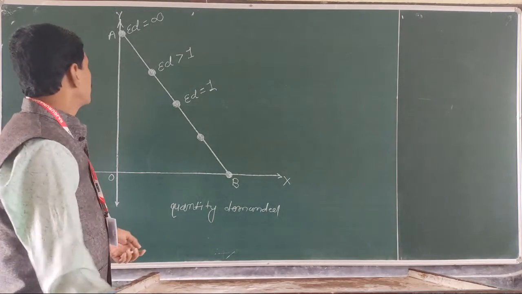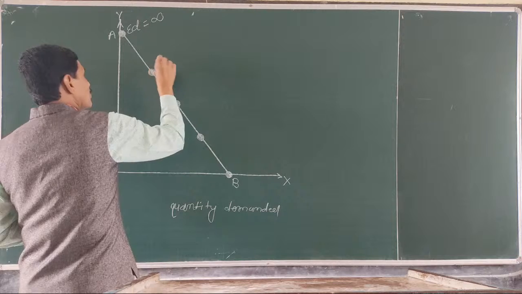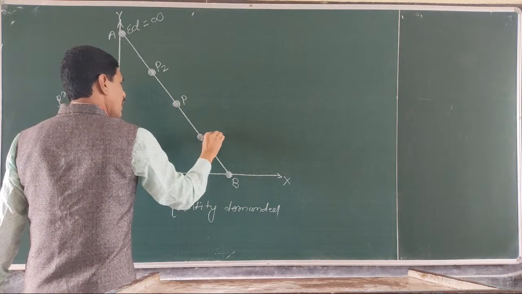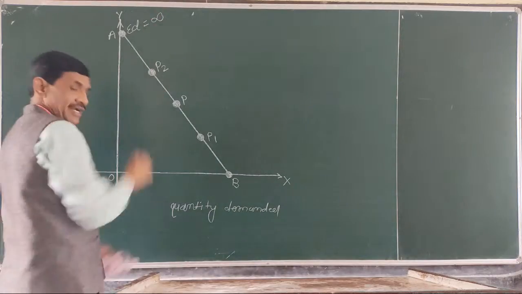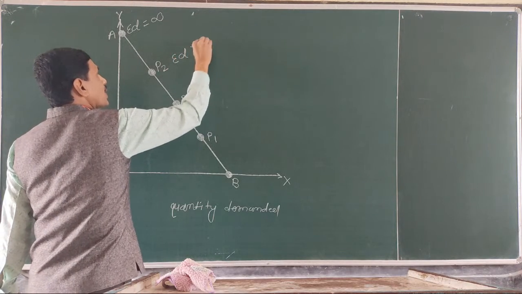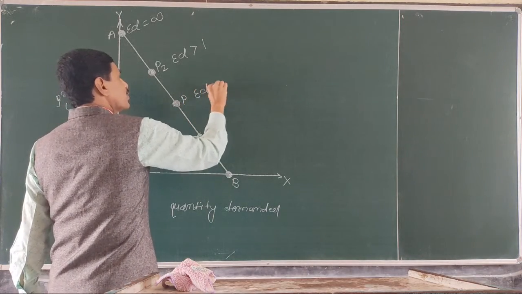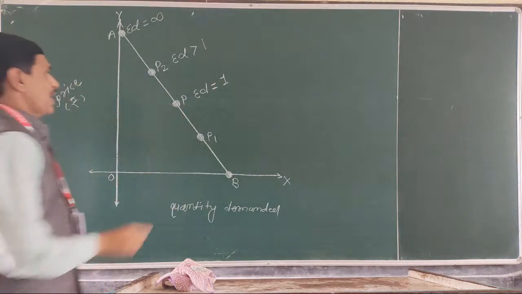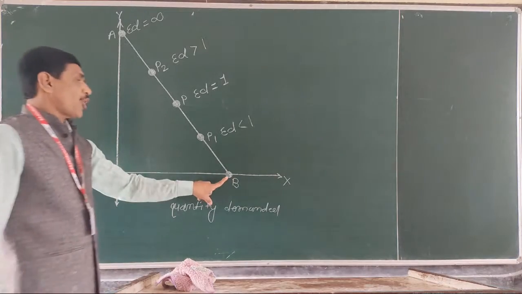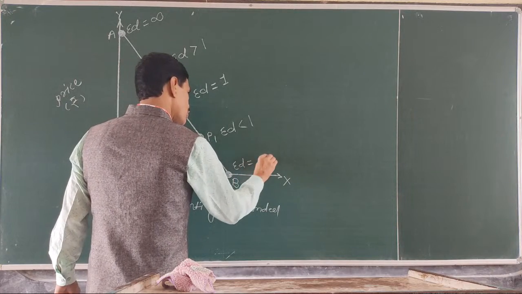Name the points: P2, then P, then P1. So at point P2, ED is more than 1. At point P, ED is equal to 1. At point P1, ED is less than 1. And at the last point, ED is equal to 0.